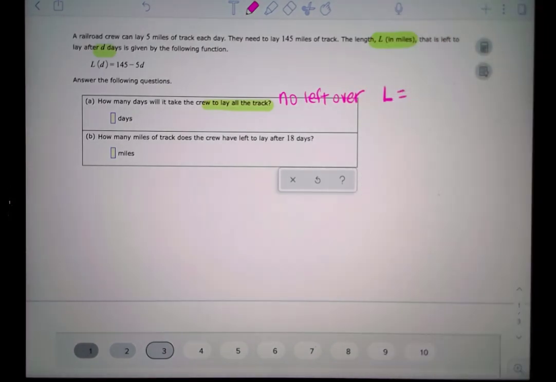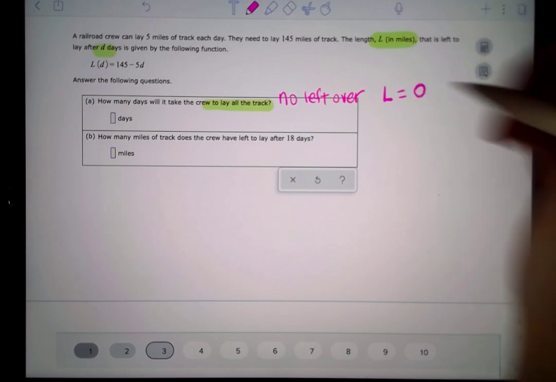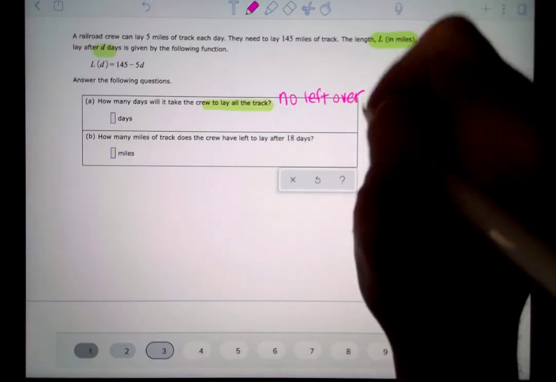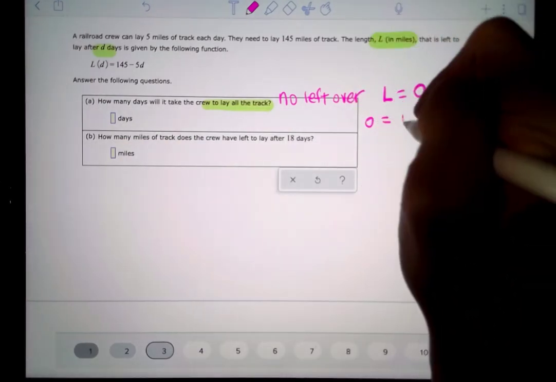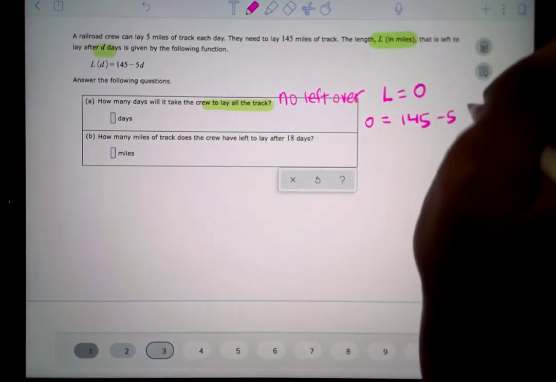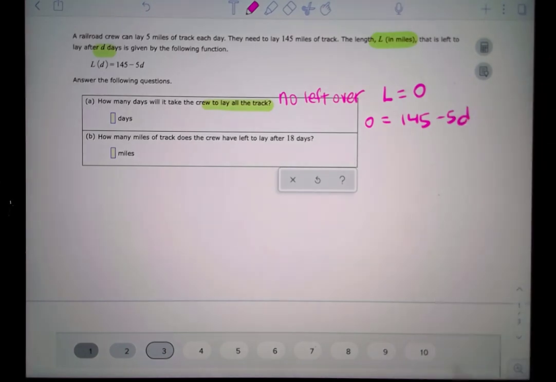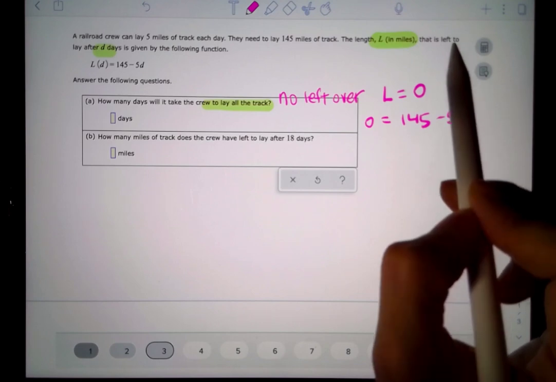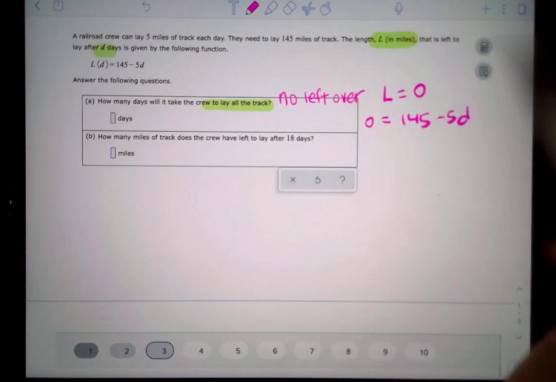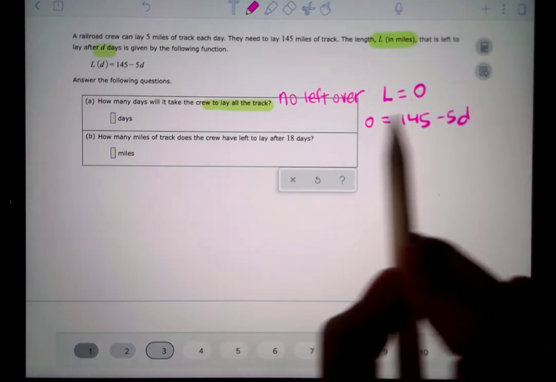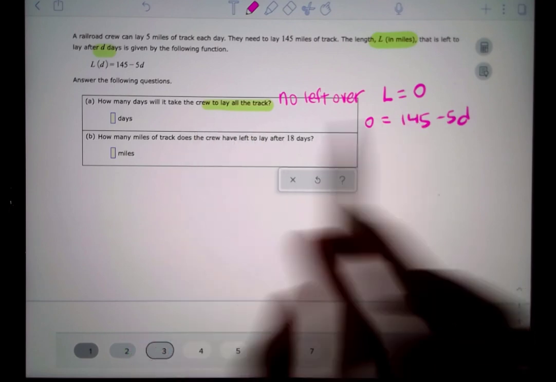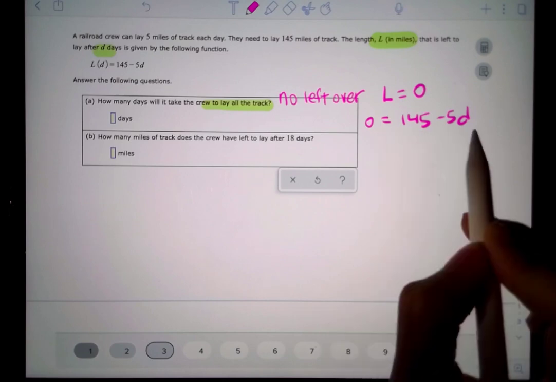The remaining length will be 0. Okay? So I'll put 0 for L, and I'm going to solve the equation. Because L was what, guys? The length that is left to lay after D days. So, nothing left, because the crew laid all the track. So, we set it up like this.